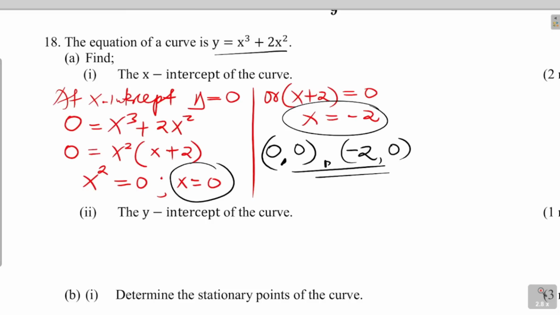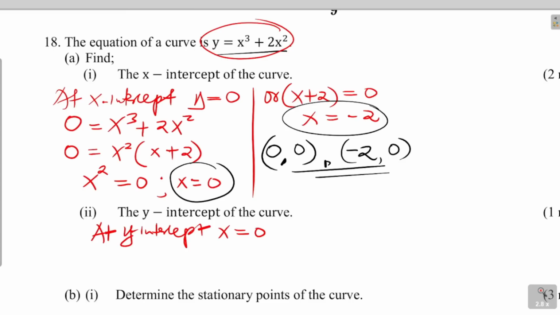Then the y-intercept. What you're supposed to know is that at the y-intercept, x equals 0. So you simply take the function y equals x cubed plus 2x squared and substitute x with 0.